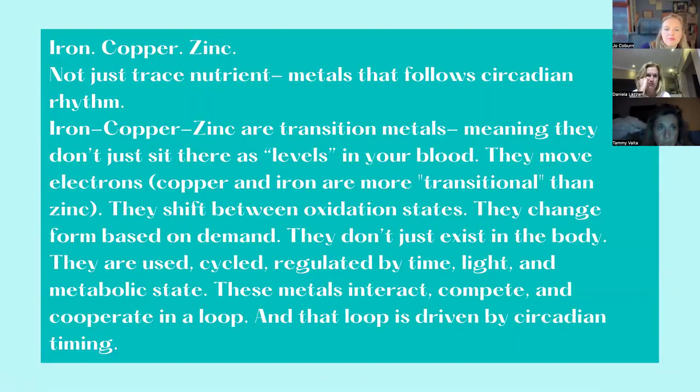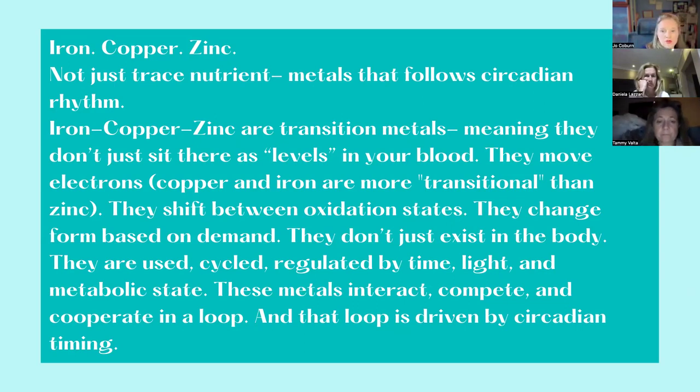So this is the synopsis of what Alan, I can't pronounce his last name without actually having it on the screen. So iron, copper, and zinc are not just trace nutrient metals that follow circadian rhythm. Iron, copper, and zinc are transition metals, meaning they don't just sit there as levels in your blood. They move electrons.